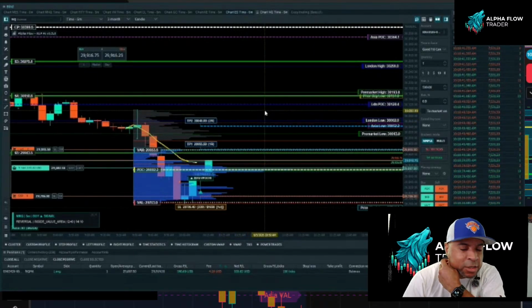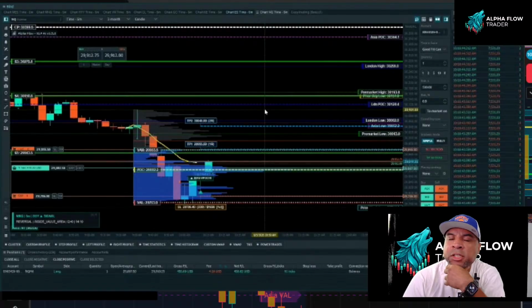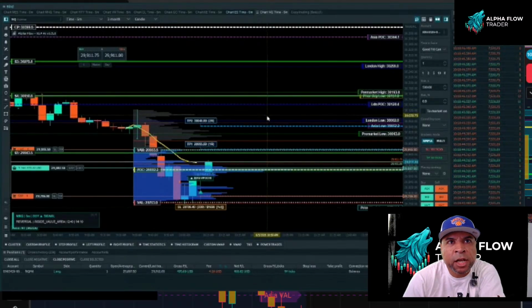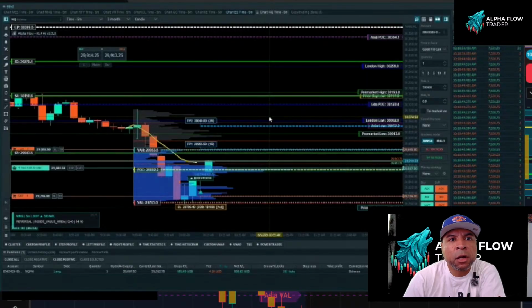Yeah, guys, I use TradingView just for my charting, just because the visuals are a lot easier on the eyes on TradingView. But all my executions are on Quantower.